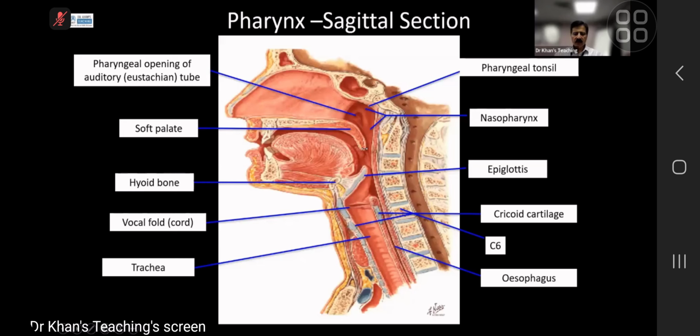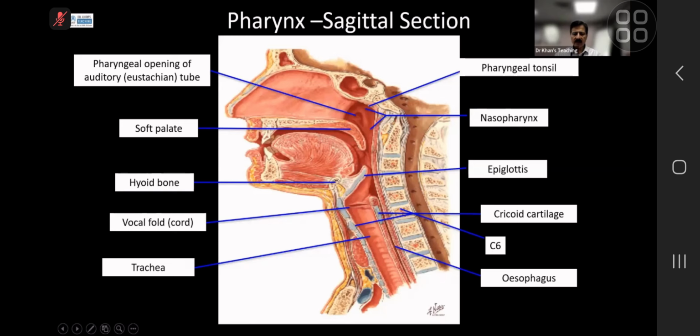Now, you have to have a very clear-cut idea of discrimination between the oral cavity and the oropharynx. We did it previously, but I'll revise it today. So this is the oral cavity. In the next few slides, I will tell you the boundaries between the oral cavity and the oropharynx. Posterior to that is the oropharynx.